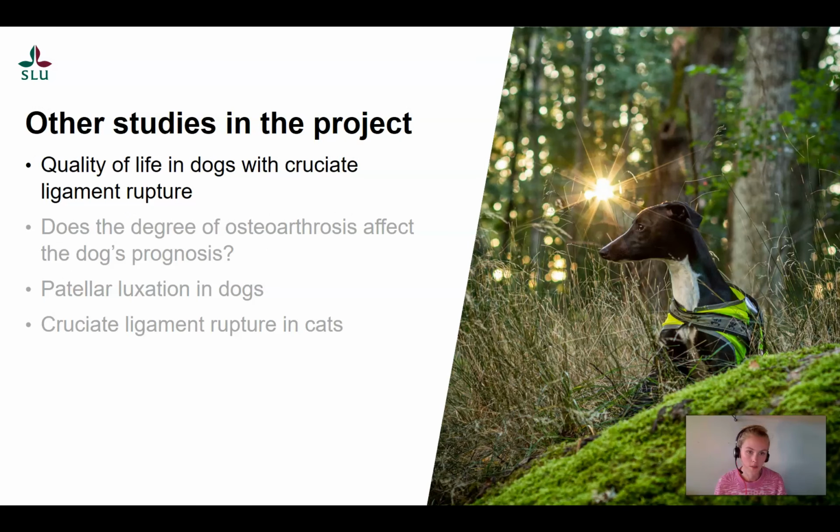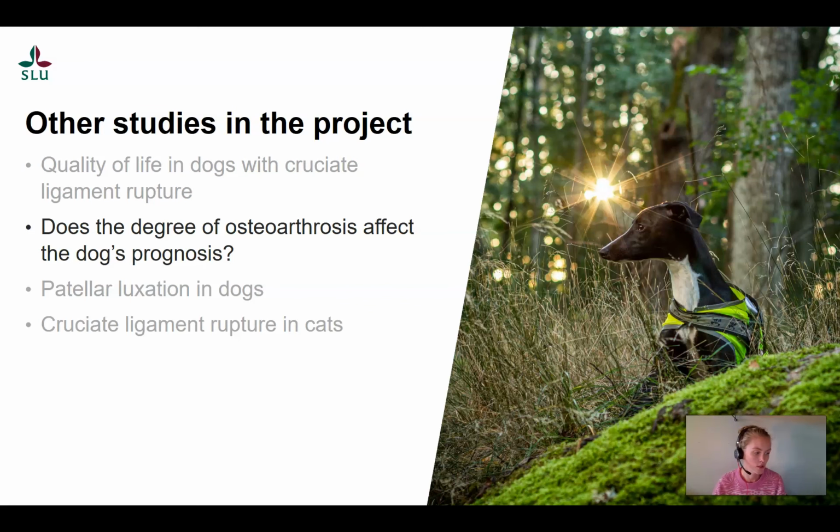I also have some other studies ongoing in the project. One is about the quality of life in dogs with cruciate ligament rupture, because we have evaluated complications and survival, but we also want to know how the dogs are doing, the dogs that are still alive, at follow-up. So we have distributed a quality of life questionnaire to the dog owners of the dogs that were still alive a few years after the injury, and we are analyzing the results from this questionnaire right now.